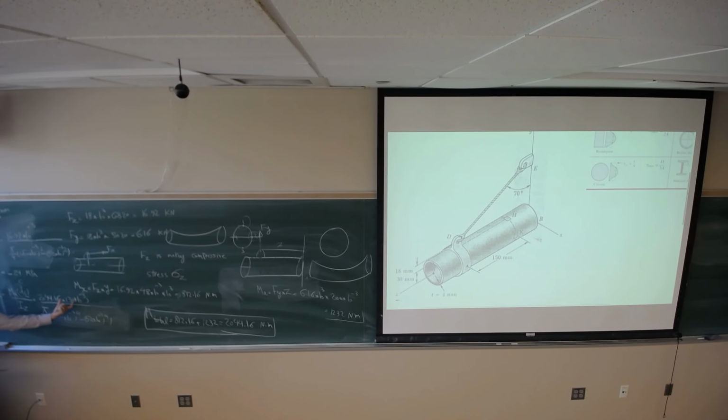So M, c, half of the diameter, over Iz, pi divided by 64, D outer to the power 4 minus D inner to the power 4. It's gonna give me a negative, it's compressive. We are looking for point 1 anyway, so negative 221 megapascal.